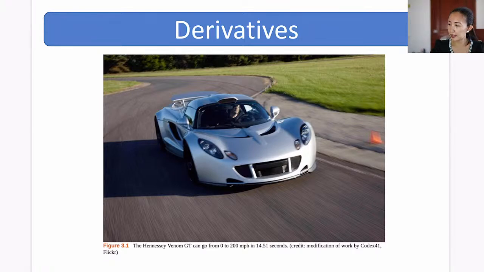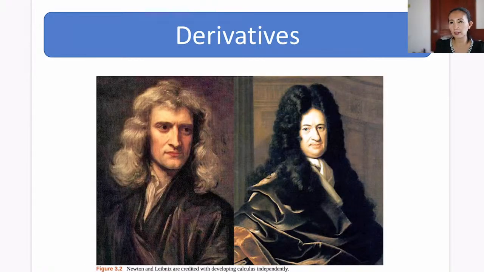Okay, next. Who are these two prominent people when we speak of calculus? Sino tong mga ito kaya? Si Newton at saka si Leibniz are credited with developing calculus independently. Okay? So, ito si Newton at saka si Leibniz.